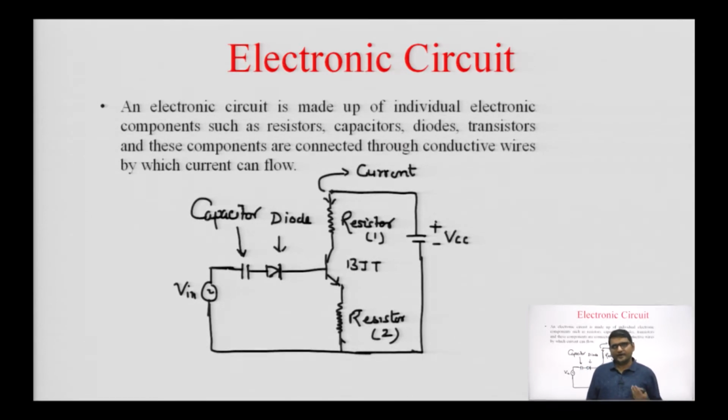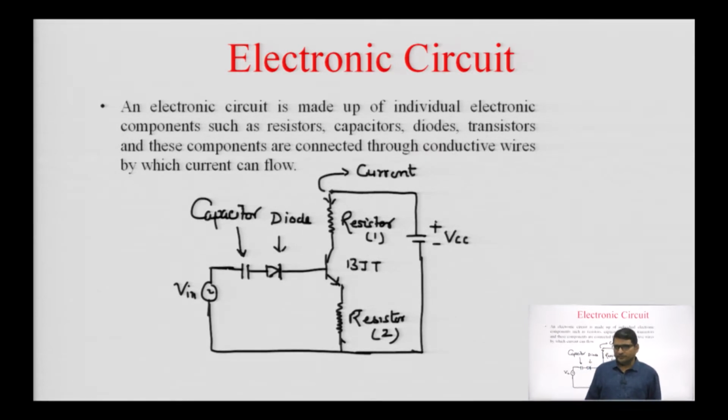If we define electronic circuit, our definition is: an electronic circuit is made of individual electrical and electronics components such as resistor, capacitor, transistors, and these components are connected by a conducting wire by which electric current can flow.